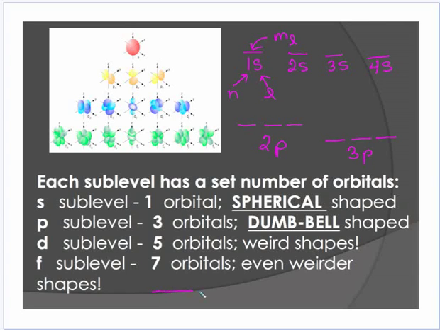So you might think of this as a neighborhood, and n is the neighborhood. And in each neighborhood there are houses, and we might have a 1-story house, which is our S, or we could have a 3-story house, and that would be our P, or we could have a 5-story house, like a condo type place, and that's the D, and each story represents our M sub L. And we're going to have 2 people that can live on each story.